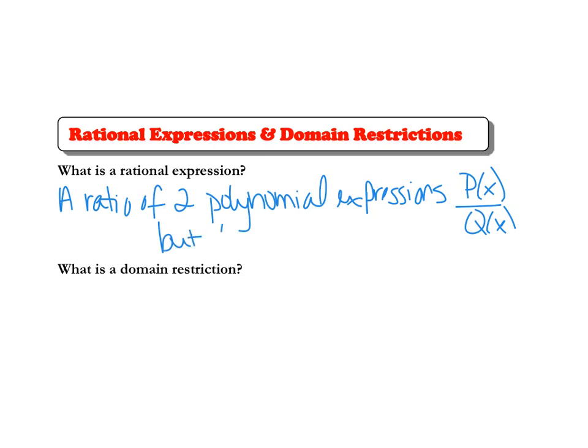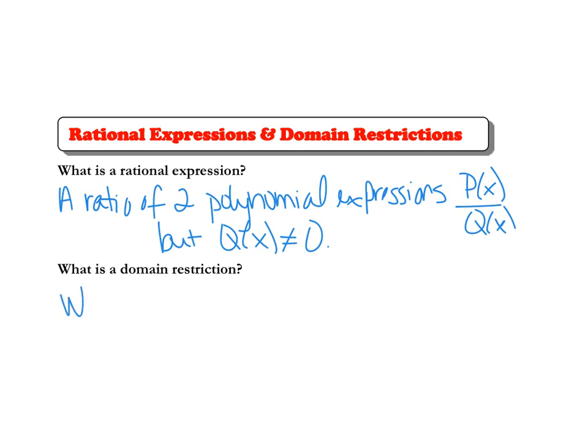But q of x cannot equal 0. In other words, all that's saying is you can't divide by 0, of course, unless you are Chuck Norris. But in this case, we are not. So whatever x makes the denominator equal to 0 can't work. So we have to take it out of the domain. And that's basically what a domain restriction is.